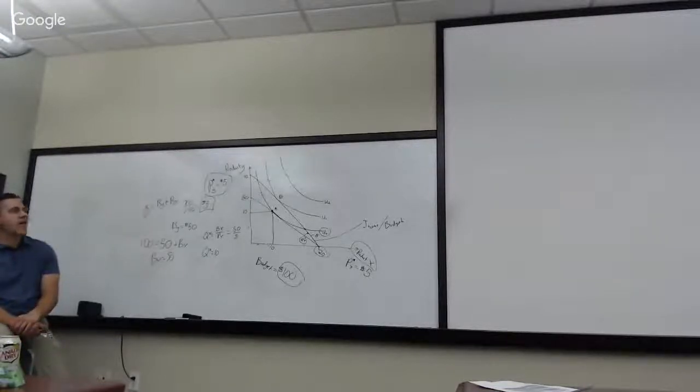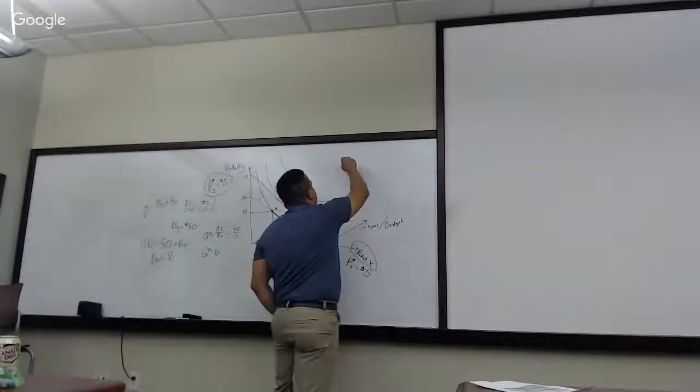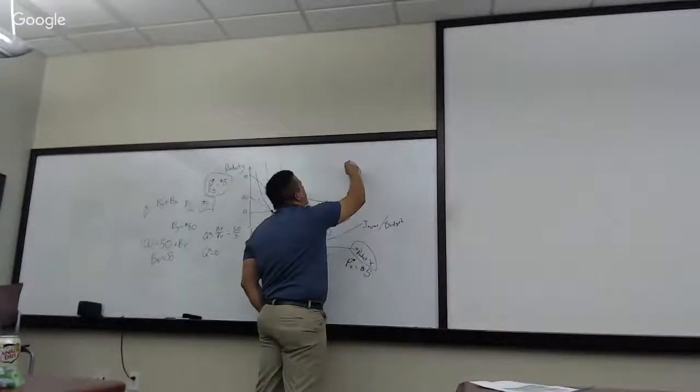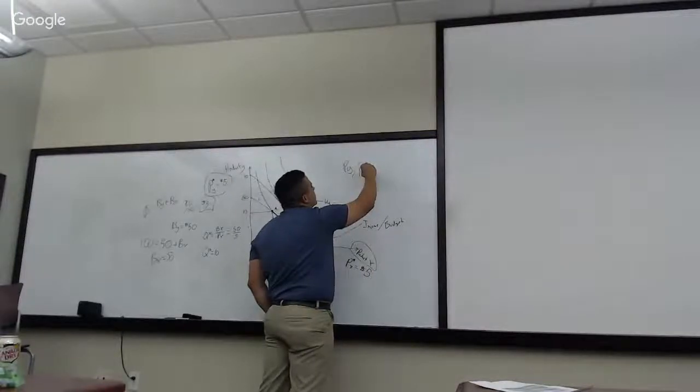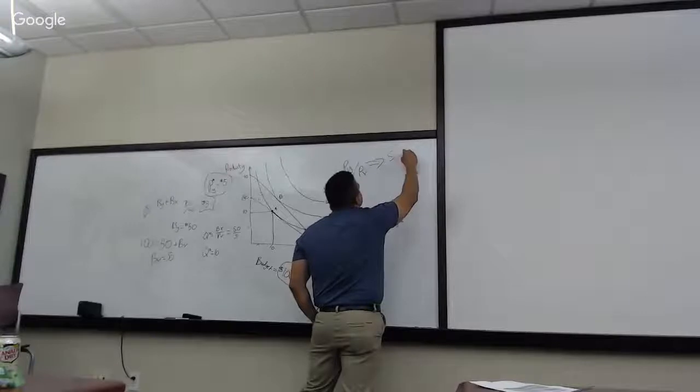The other thing that can happen is that we change the relative price of the goods in our income curve. So our relative price is price of good Y over price of good X, and this is equal to the slope of our budget constraint.